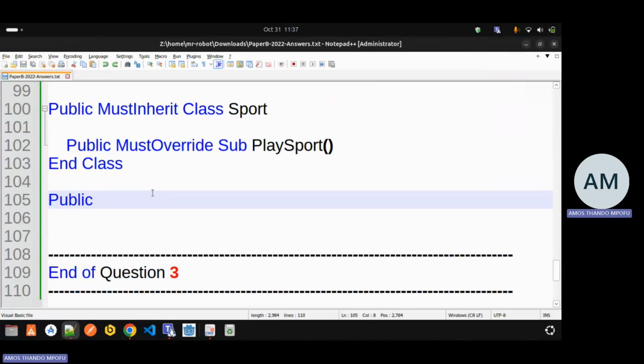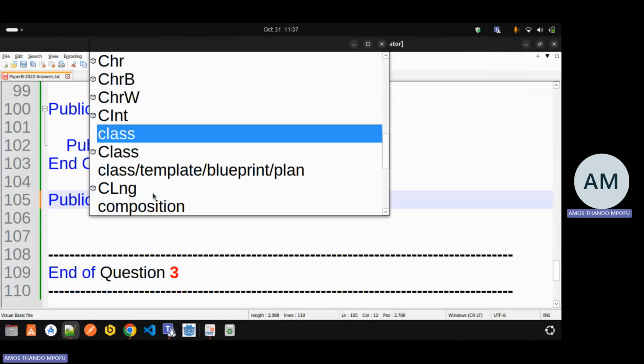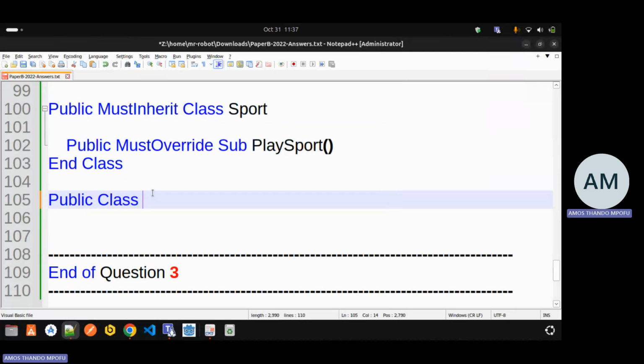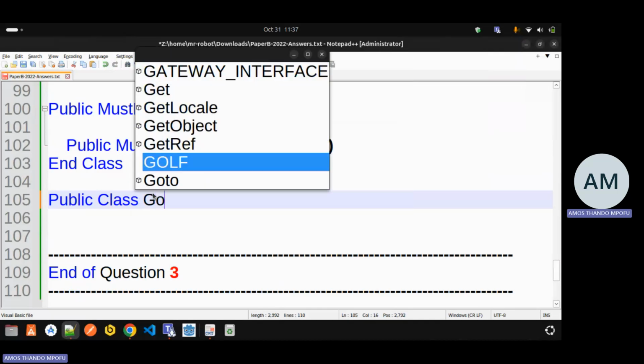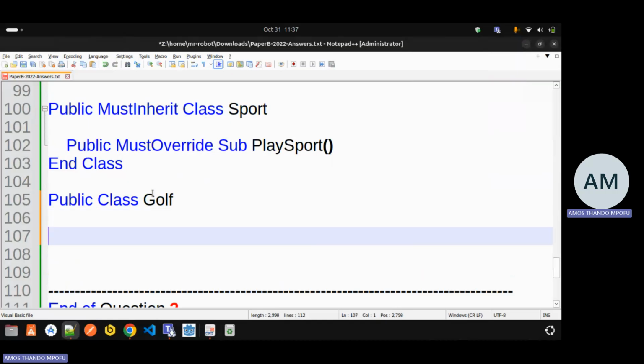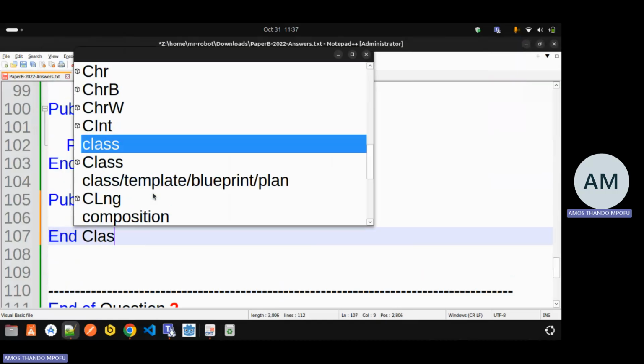So I'm going to say public class, let's see, what's this, soccer, right? Or I can just say golf. I haven't used the golf class, so let me just use it at least once.